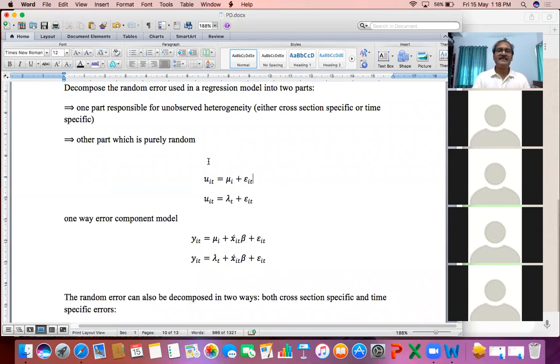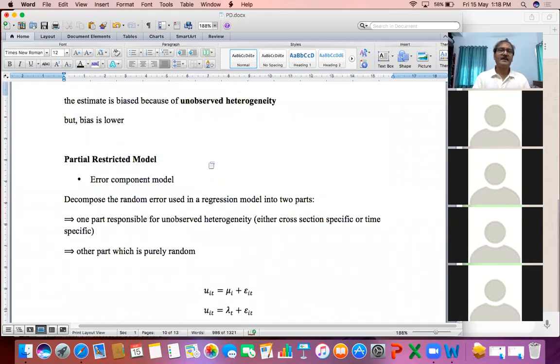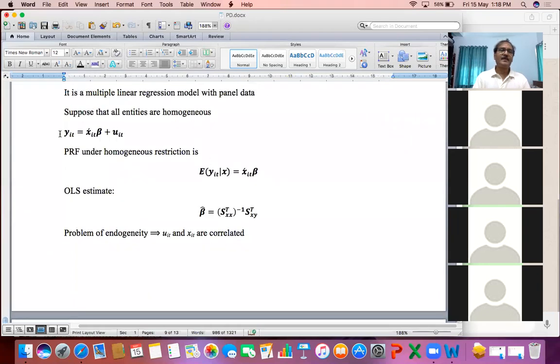So suppose in this regression model, Y denotes the wage rate, X denotes the level of education, and U incorporates all other factors affecting the wage rate other than the level of education.